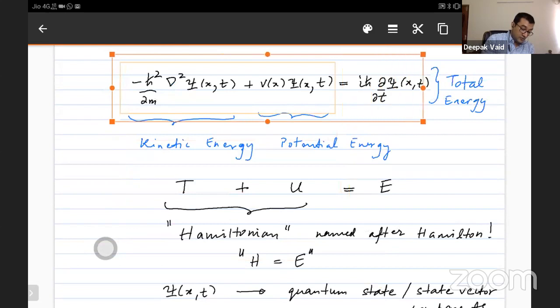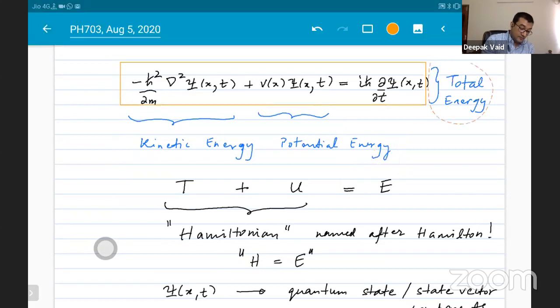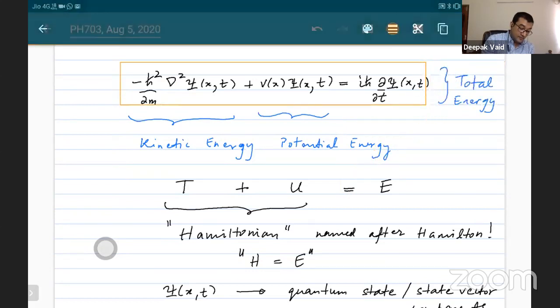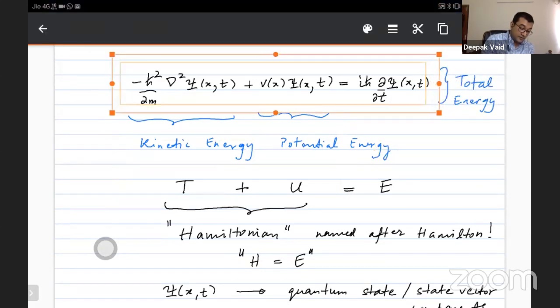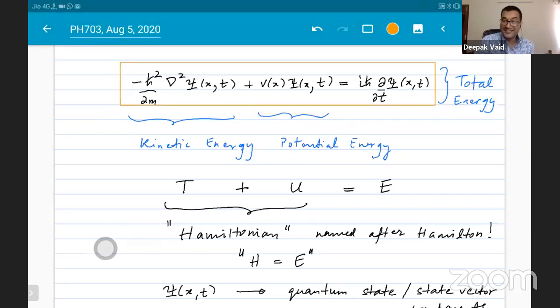I'm going to put a nice box here because it deserves its own box. Questions? No questions? Okay, I'm done playing around with this box and I can continue.